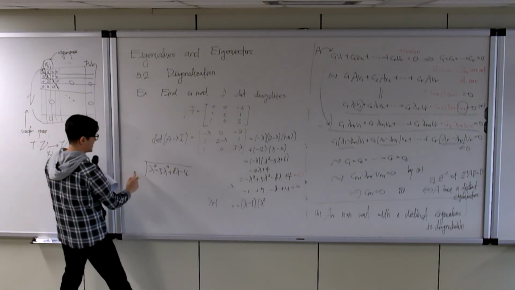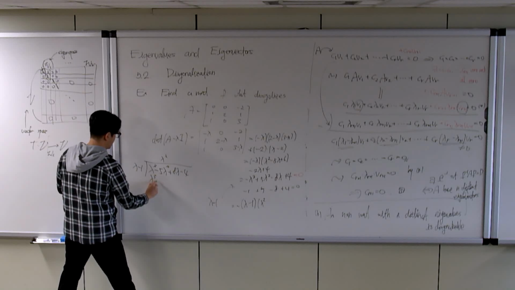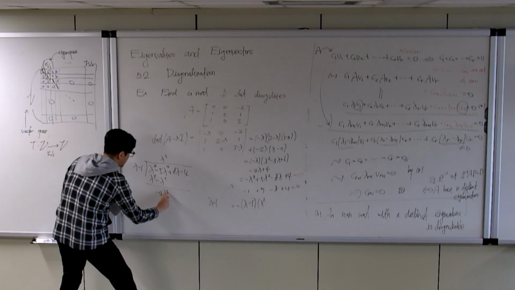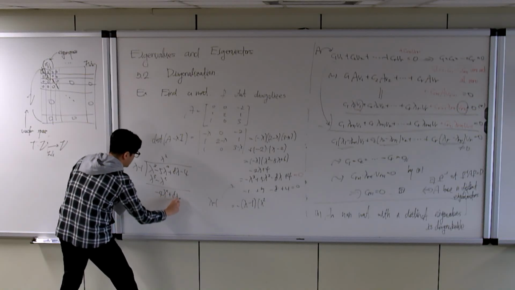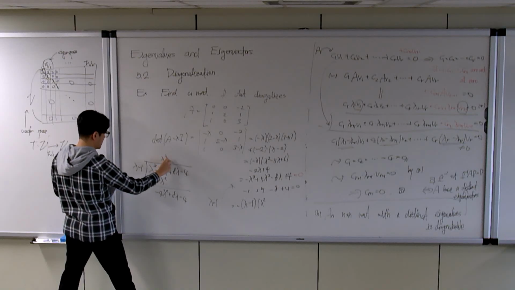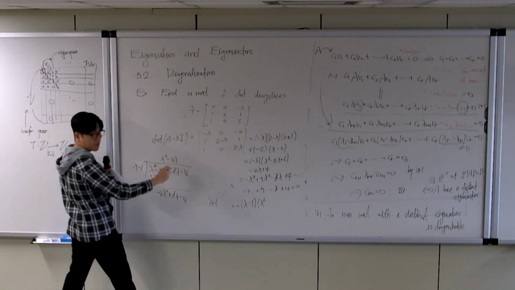So we will find, actually, lambda 3 is also 2 because lambda 2 has 2 vectors. Yep, right.